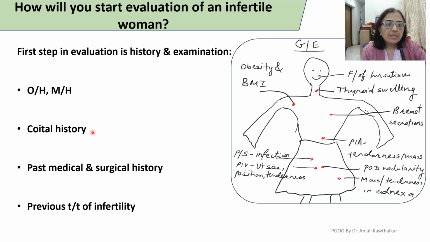Obstetric history, menstrual history, coital history, past medical and surgical history, and previous treatment of infertility. So many times we get patients who come to us with a large file containing many papers, and so many investigations are repeated from one hospital to the other.